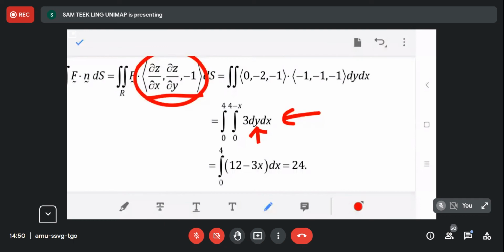So question: upward or downward? Upward is positive. If downward, go to negative. The question will mention which one. So this one is surface.